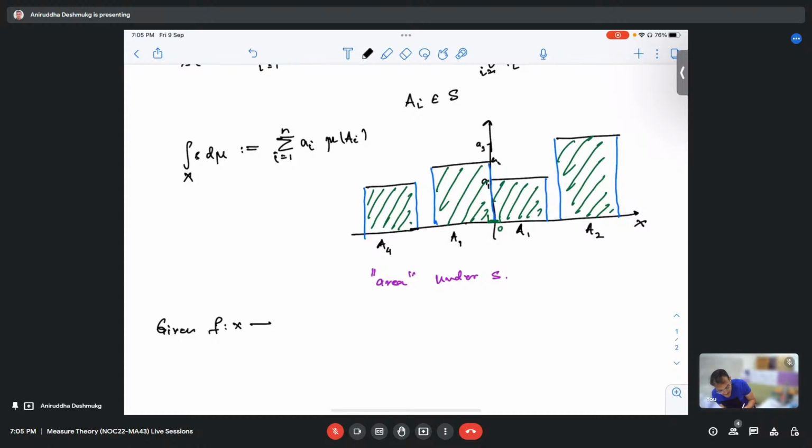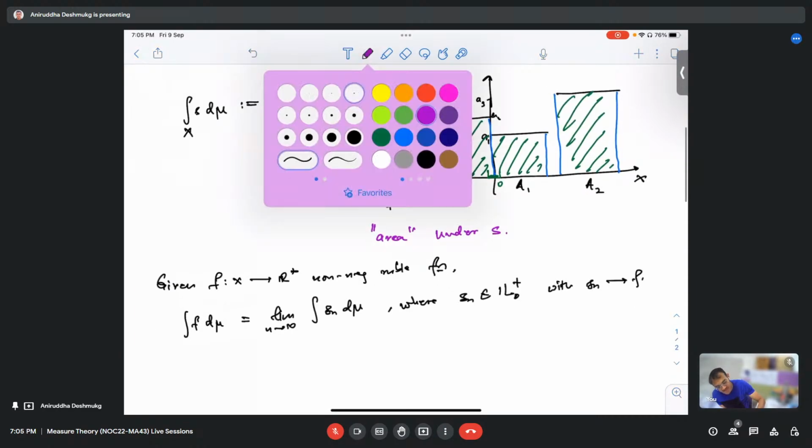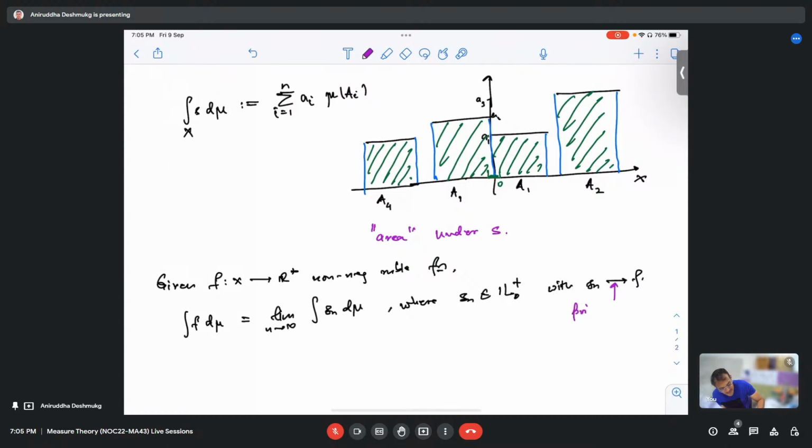Given f from X to R star, a non-negative measurable function, we define the integral of f with respect to mu as the limit of the integral of s_n with respect to mu, where the s_n are non-negative simple measurable functions with the property that s_n converges to f. This convergence is pointwise. That means we take any point x in the set X, and s_n(x) converges to f(x).